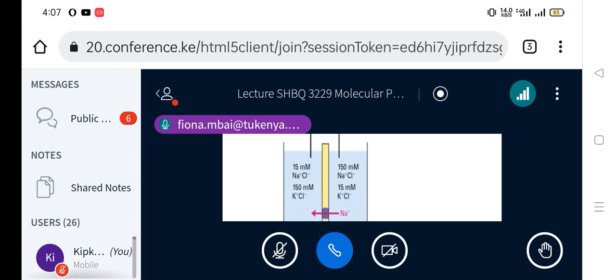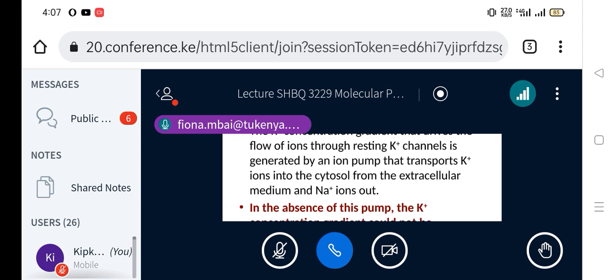So basically, this is just the same slide, but I had made it larger for scenarios where we are having physical class. So potassium channels, ion pumps, and the potassium concentration gradient is really important, as you've come now to appreciate. The concentration gradient drives the flow of ions through resting potassium channels, and this is generated by an ion pump that transports potassium ions into the cytosol from the extracellular medium, and the same channel drives potassium ions out.